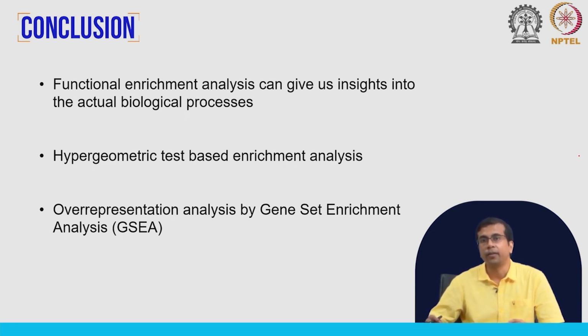What GSEA does is look for gene sets being overrepresented or underrepresented at the top or the bottom of this ranked list, because this will give us the most relevant biological information. It calculates an enrichment score through the traversal of this list, which is weighted by their correlation.